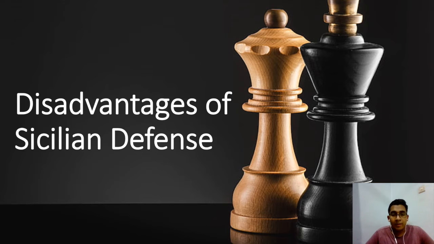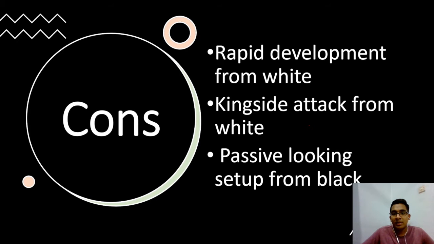Alright, hello everyone, my name is Muhammad Adham and I'll be talking about the disadvantages of the Sicilian defense. I've done some research on the Sicilian defense and looked into the perspective of chess masters and their opinions about this type of defense, and from that I've concluded that the Sicilian defense has three main disadvantages.